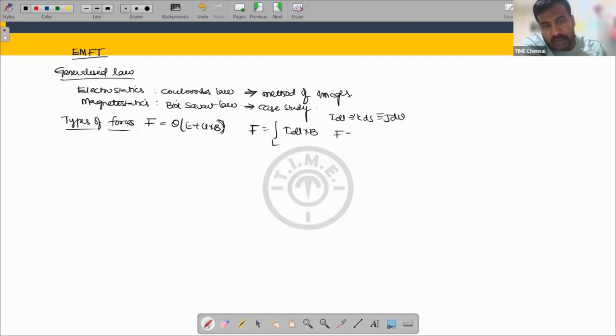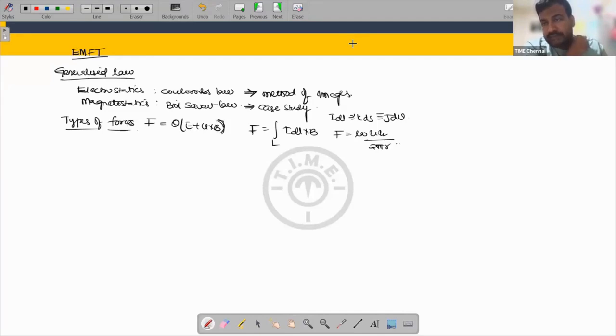And also force between two current elements is given by mu naught I1 I2 by 2 pi r. So this is what we had discussed in our previous revision session.